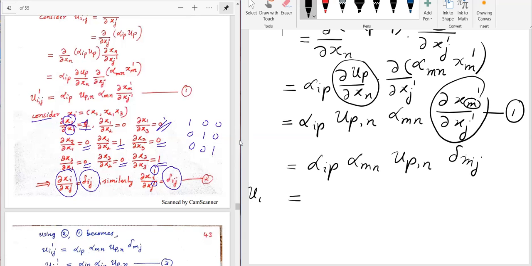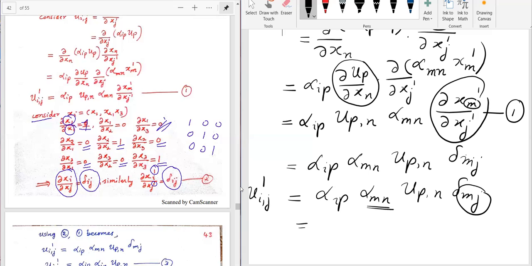Now what is our LHS? LHS we have Ui comma J dash. So we'll put the alphas. Alpha ip, alpha mn, u p comma n, and delta mj. I'm just rewriting it. Now this delta mj, what are the suffixes? Suffixes are m and j. That means this delta can act on this alpha mn.